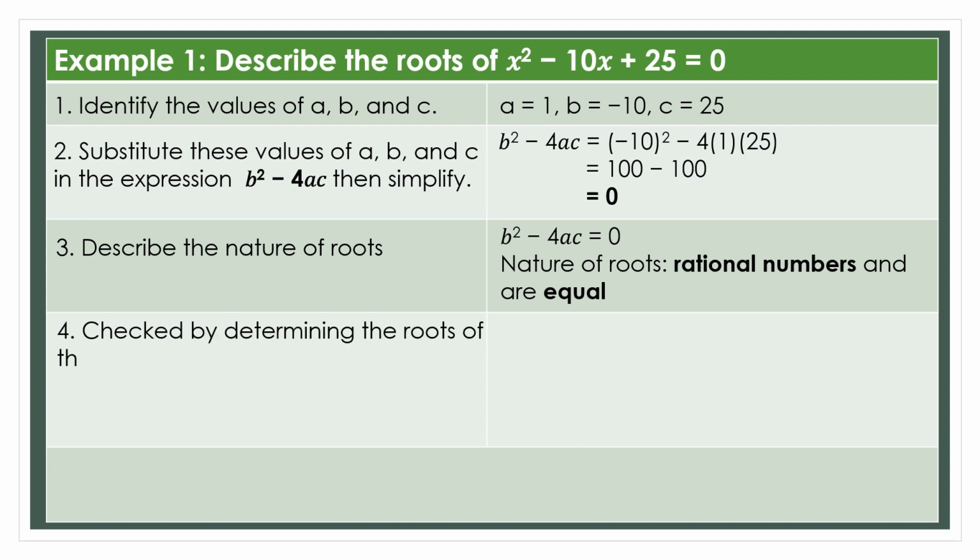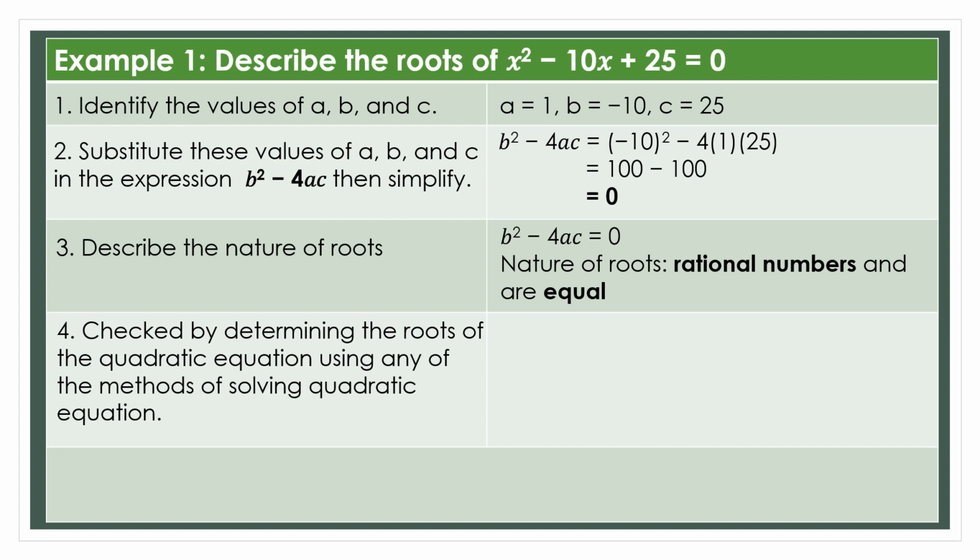To check if our answer is correct, let us proceed to the next step: check by determining the roots using any of the methods of solving quadratic equations. In this case, I will be using the factoring method. The factors of x squared minus 10x plus 25 are the quantity x minus 5 and the quantity x minus 5.